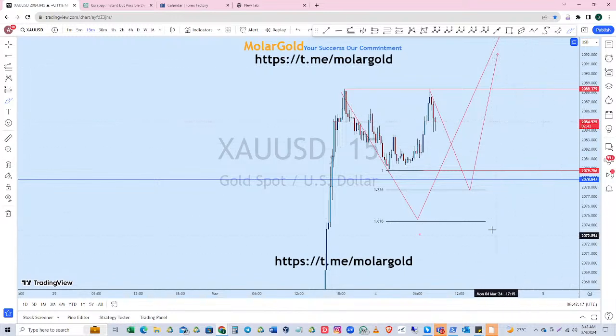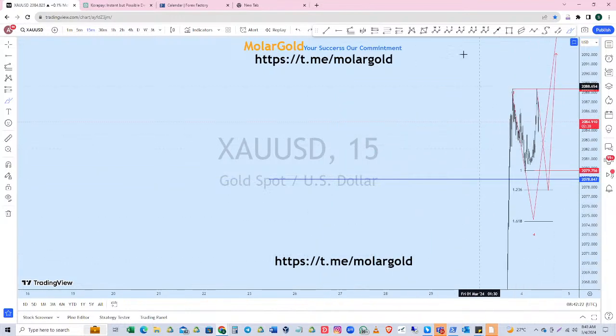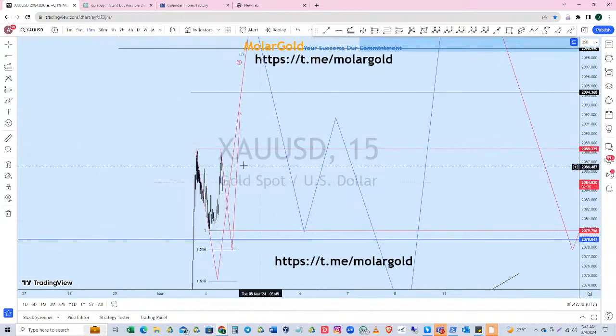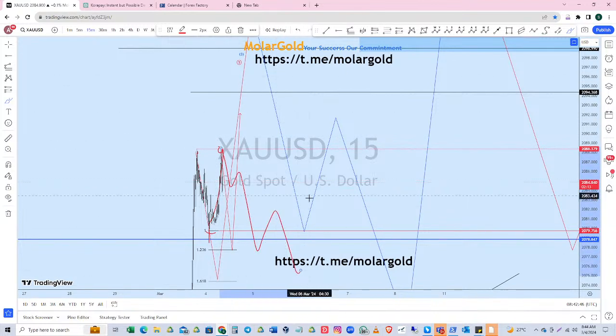We've looked at what we should be expecting this week. This week I said we should expect the market first of all to go to the upside. If this is not all of the move we are having for the fourth degree, the wave 4, and this is our wave 5, that completes the cycle, and then we should expect this blue degree of sell.